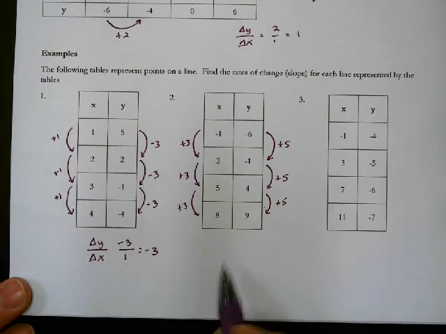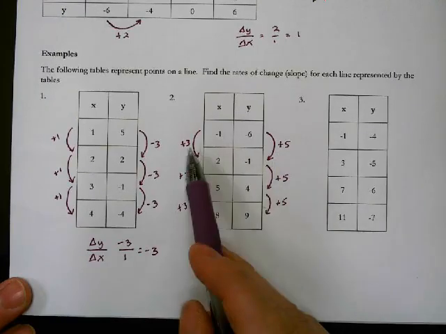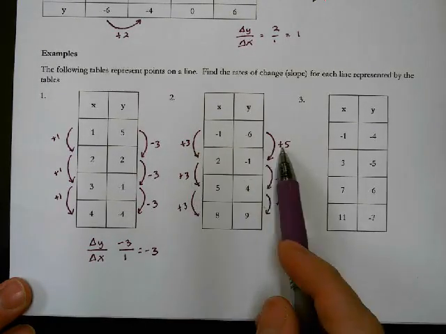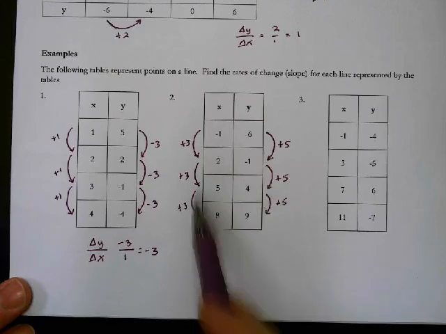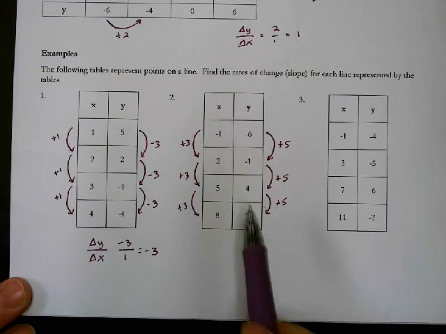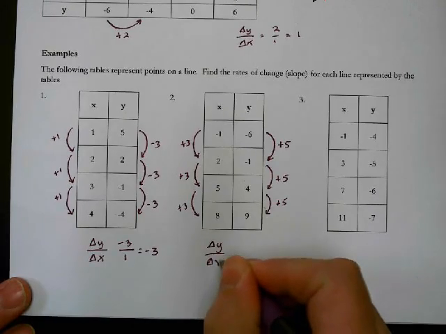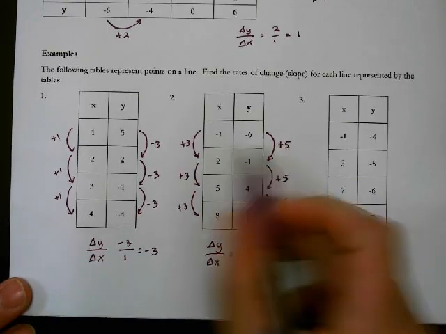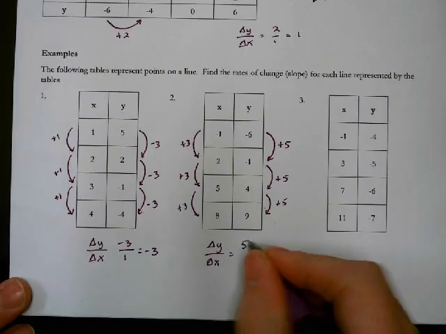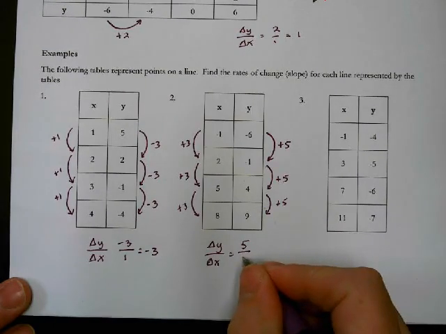So I can see that as my x values are increasing by 3, my y values are increasing by 5 on a consistent basis. It's constant. So my change in y values divided by my change in x values would be 5 over 3. The y's are changing by +5 as the x's are changing by 3.